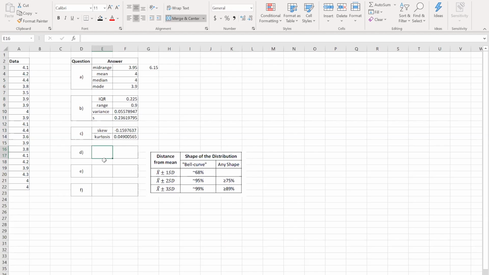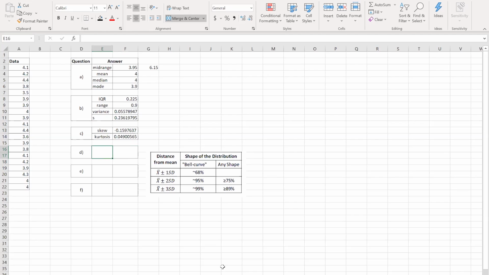The middle 50% of the data is between Q1 and Q3. Therefore, the range is Q1 to Q3.